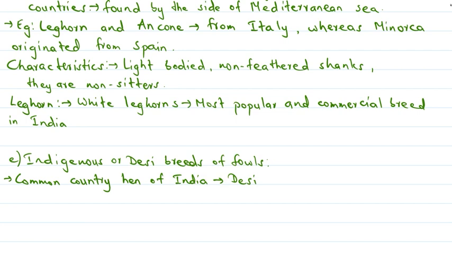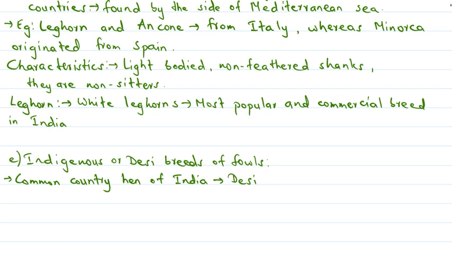Some of the varieties of Indian fowls resemble the Leghorn but have poor laying qualities. In spite of several advantages, it also has a few disadvantages: they grow slowly, they are smaller in size, they produce small sized eggs, and they produce fewer eggs.